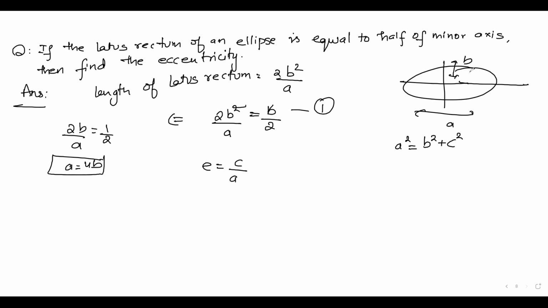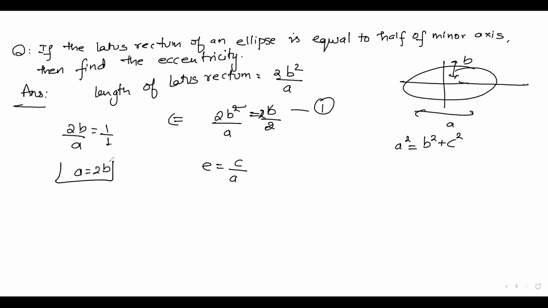So what is the minor axis? The length of the minor axis is 2b. So we will write here 2. So 2 will cancel out, and then we will get a is equal to 2b.